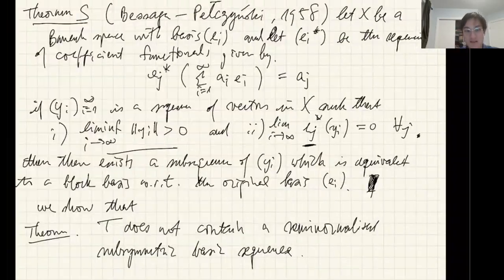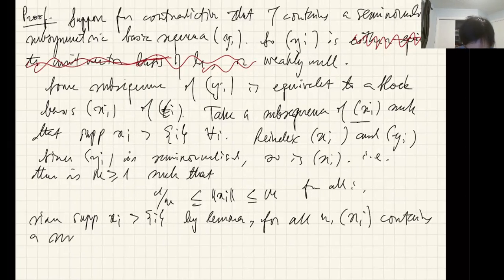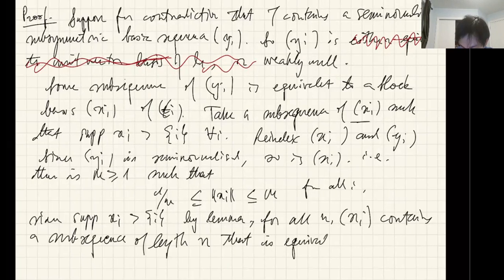Sorry, I'm making you all busy. But what that means is, by the lemma, for all n, xi contains a subsequence of length n that is equivalent to the standard basis of L1 to the n.